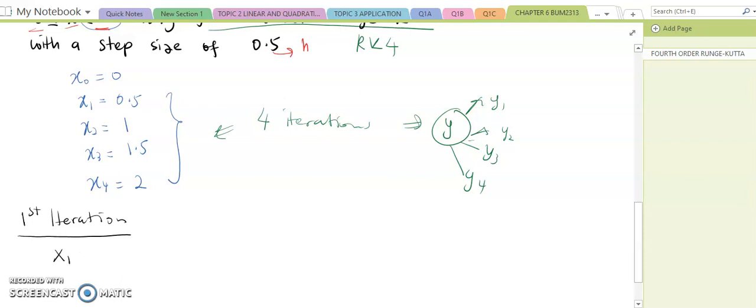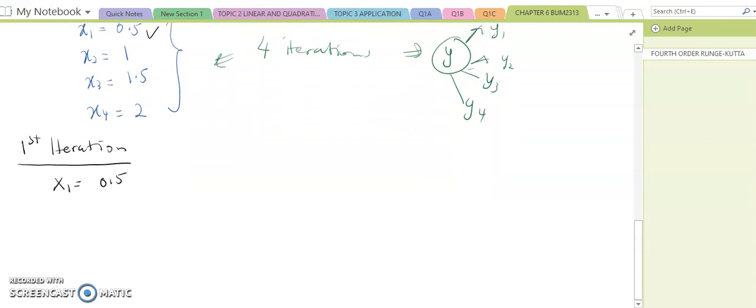our x1 is 0.5. And to find y1, the formula is given by y0 plus h over 6 times k1 plus 2k2 plus 2k3 plus k4.